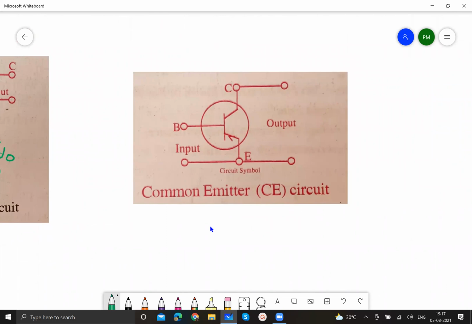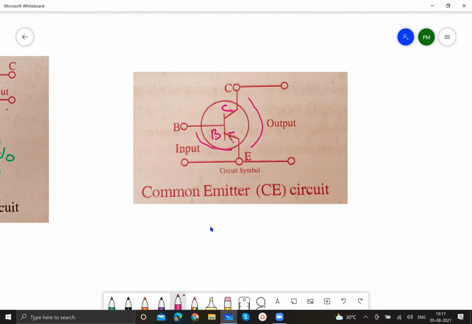What is common to both input and output circuits? This is emitter. This is base. This is collector. Emitter, base, collector. So input is applied across emitter and base.